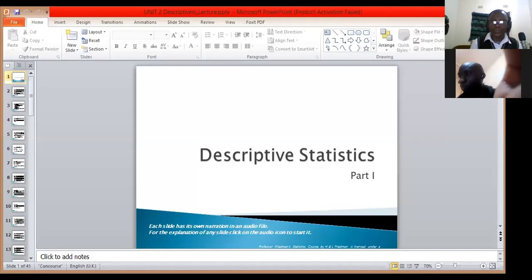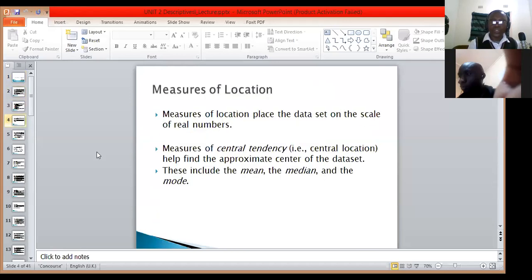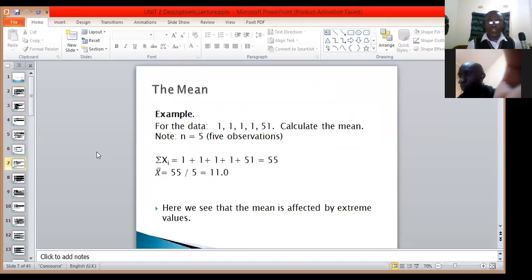As we are uploading the slides, yesterday I came across some formulas for finding the first quartile.